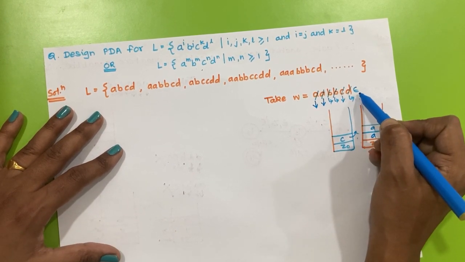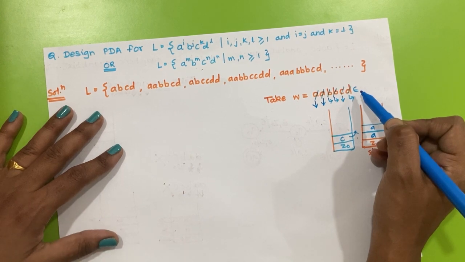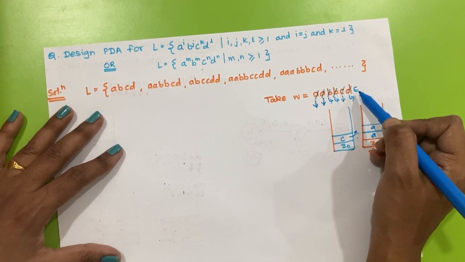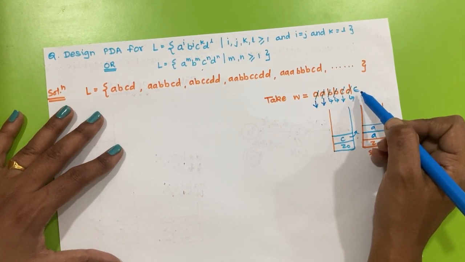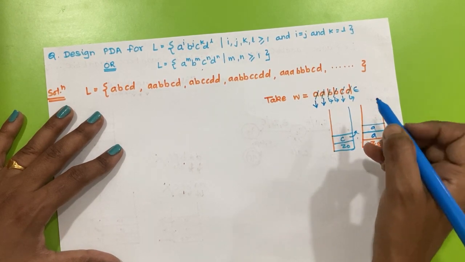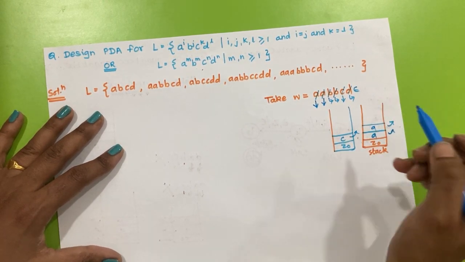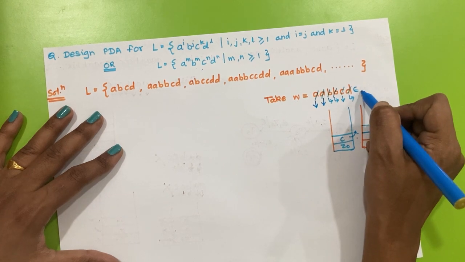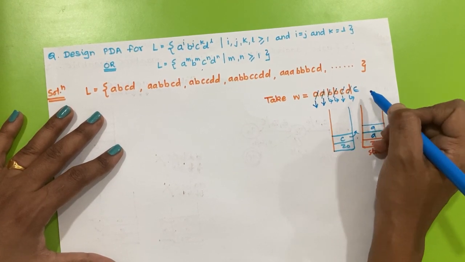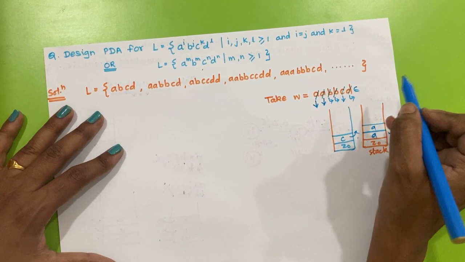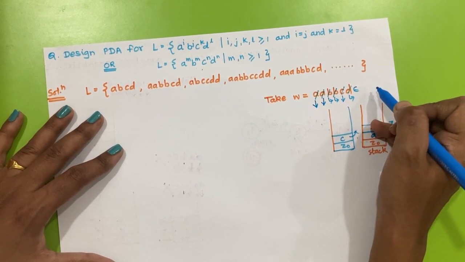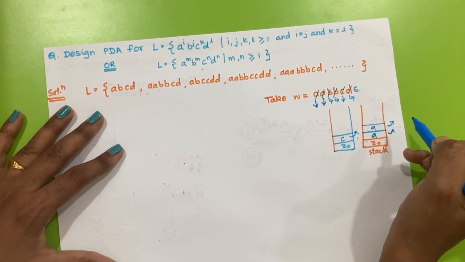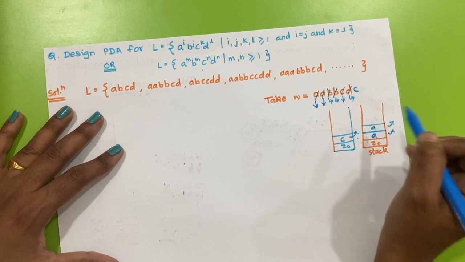So we are reading empty, and if we want the PDA by acceptance through final state, then we should write the transition for reading empty and top of stack Z0, that is empty Z0 Z0, performing no operation on stack.